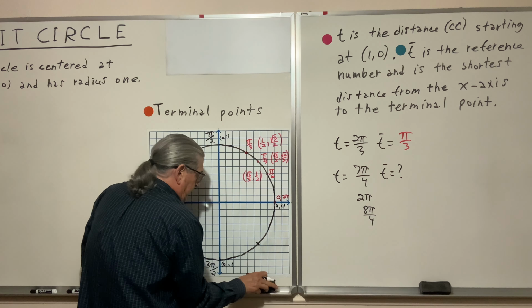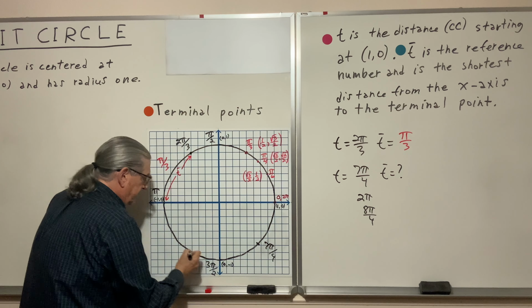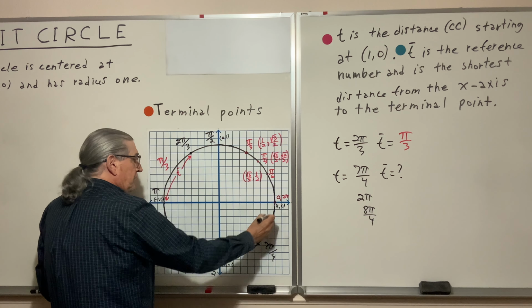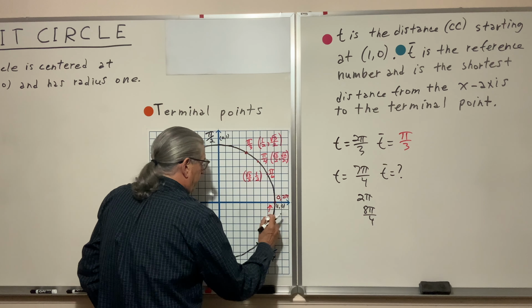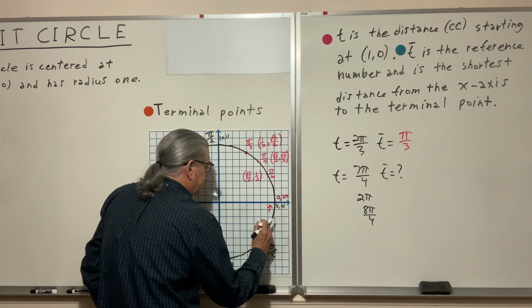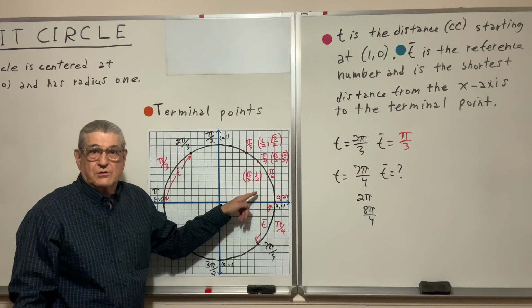So here's our terminal point. We've gone all the way around like this, 7 pi over 4. But the closest it is to the x-axis is right here. So this is our t bar, and this is just pi over 4. So that's all our reference number is, the shortest distance getting to the x-axis. It doesn't matter which direction we're going here. It's just the shortest distance.